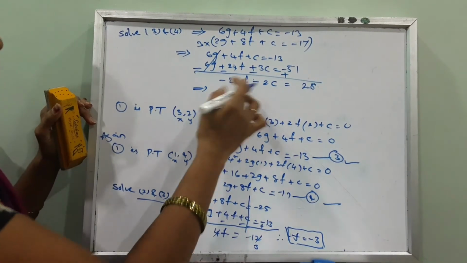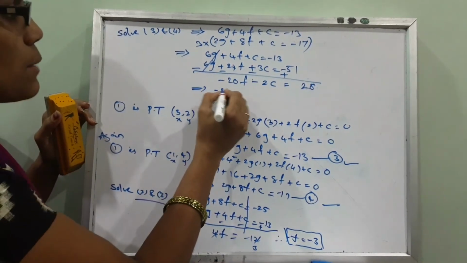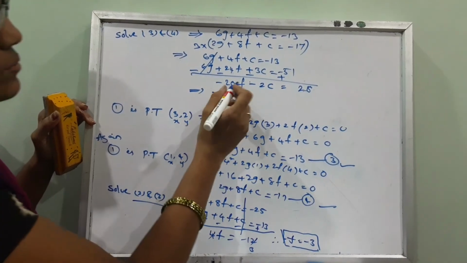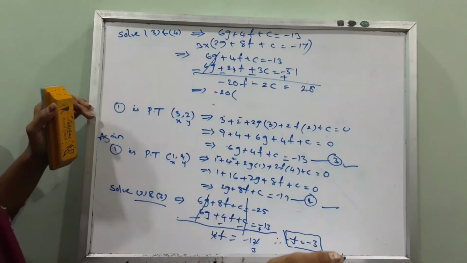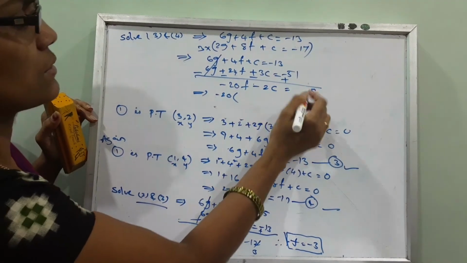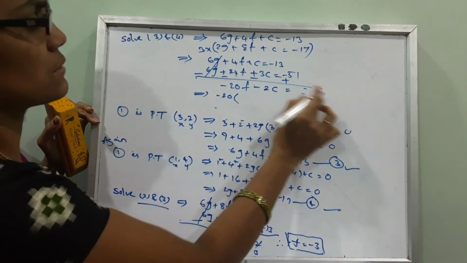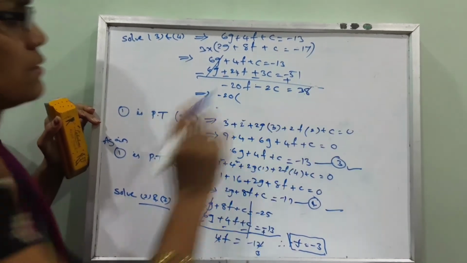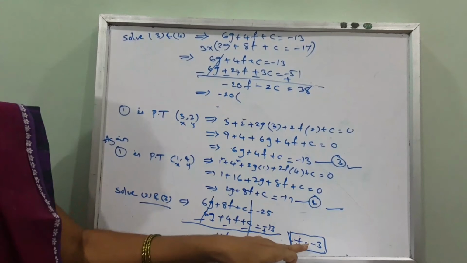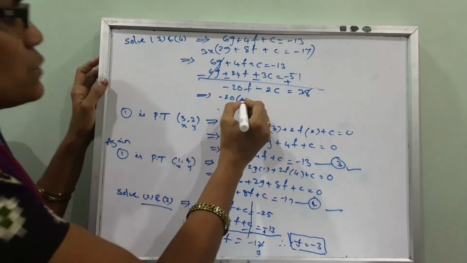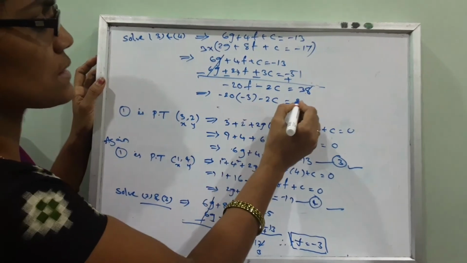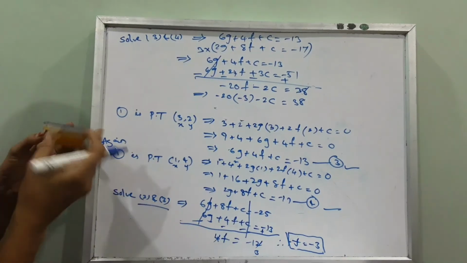From this, substitute the f value here. Minus 20 into minus 3 minus 2c is equal to 38.